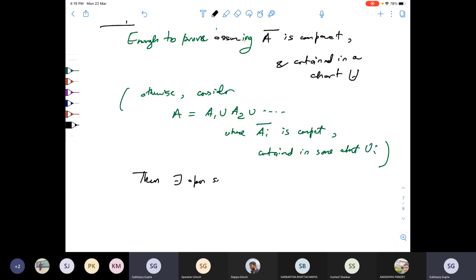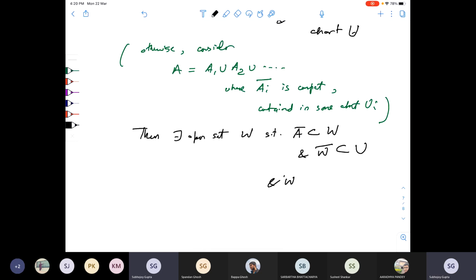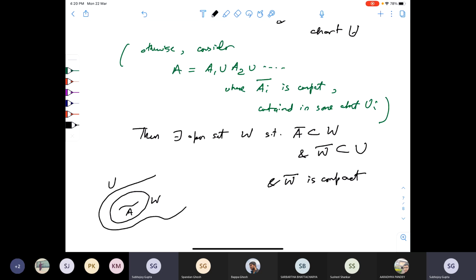Then there exists an open set W which contains this compact set, and whose closure is contained in U, and this W closure is compact. So you don't want this chart to be too big. This chart was some U, your A was sitting there, but you can choose a nice enough open set W so that W closure is contained inside U.